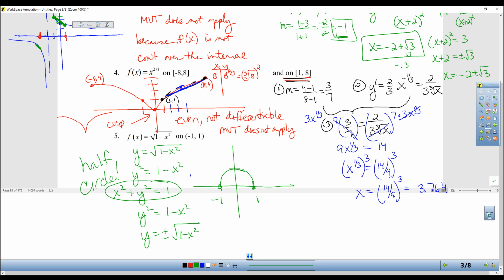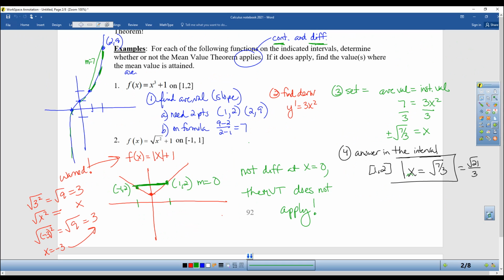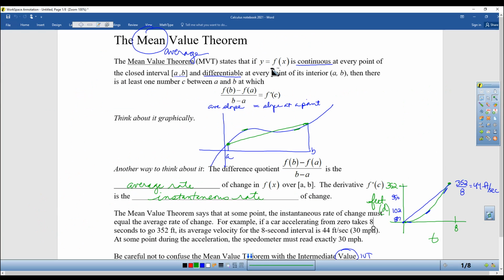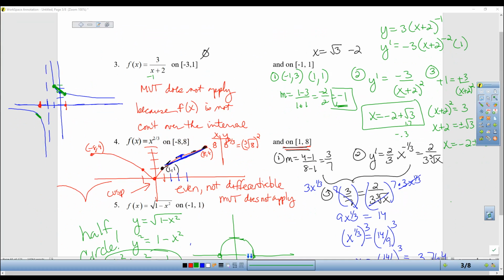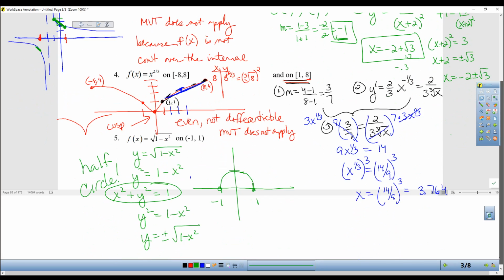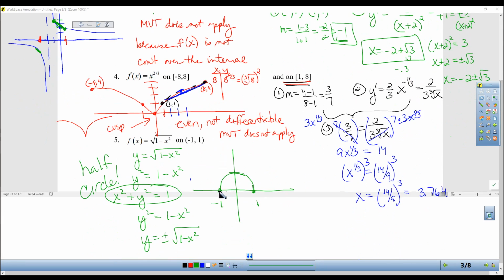So let's go back, and this one's kind of important. We do have to go back and read what it says in the original. It says that it has to be continuous, which the half circle is, at every point on the closed interval. So even though ours is an open interval, is it continuous if this was closed? It would be continuous.